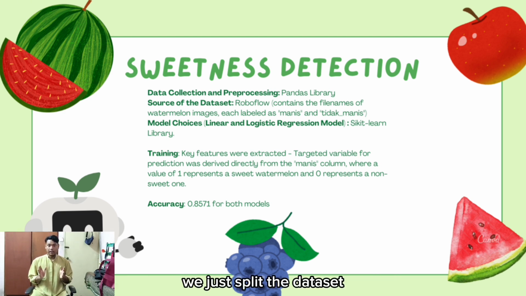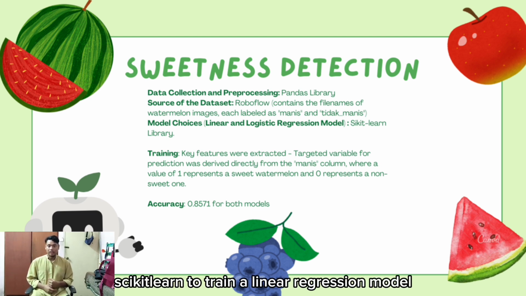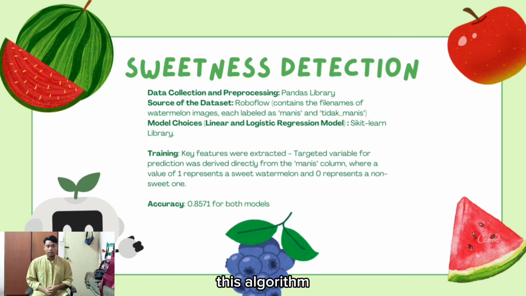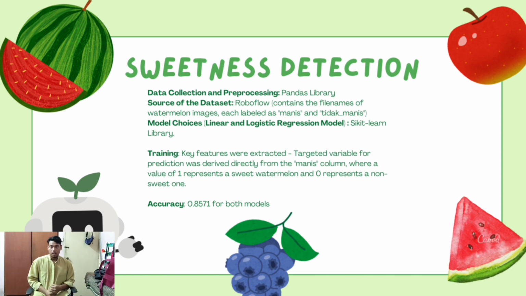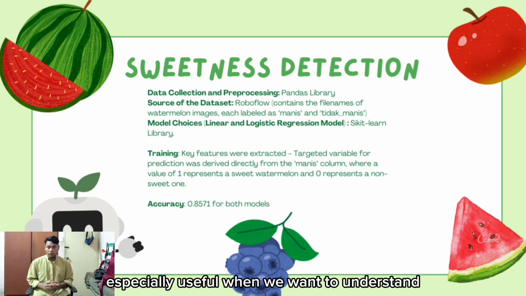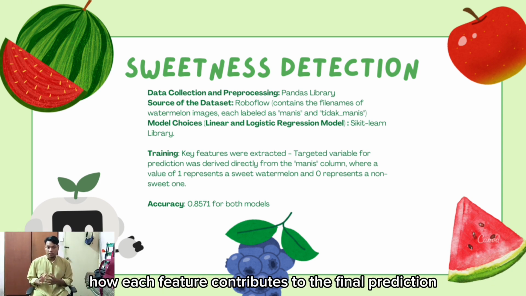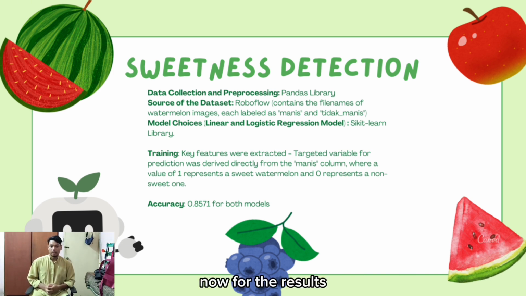We then split the dataset into training and testing sets and used scikit-learn to train a linear regression model. This algorithm was selected for its simplicity and interpretability, especially useful when we want to understand how each feature contributes to the final prediction. Now for the results.